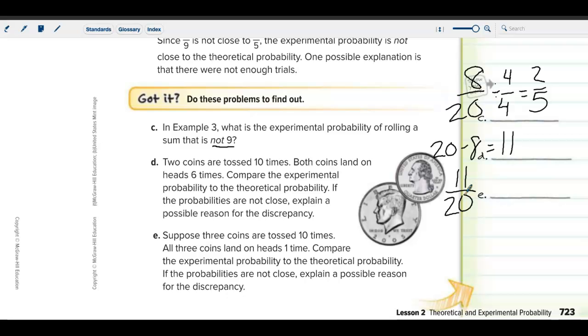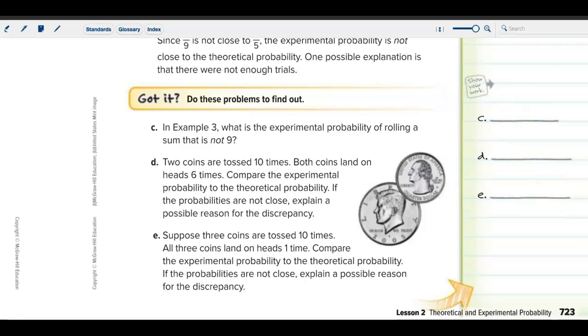But we can write it as a decimal fraction in percent. So we would take 11 divided by 20 and get 55 hundredths, which is the same as 55%. Okay, so the answer for Got It C is 55%, 55 hundredths, and 11 20ths.